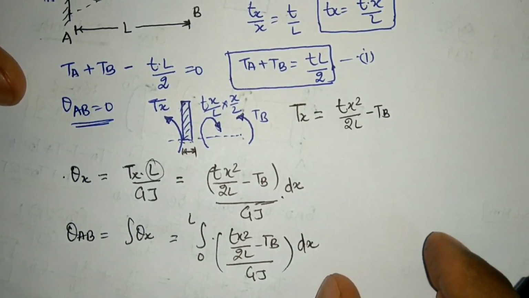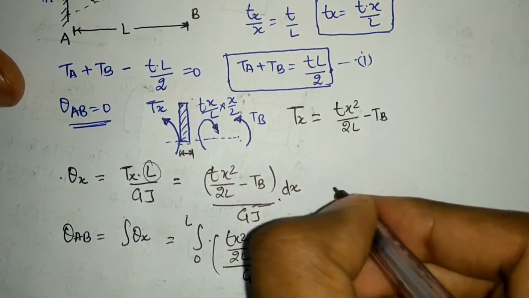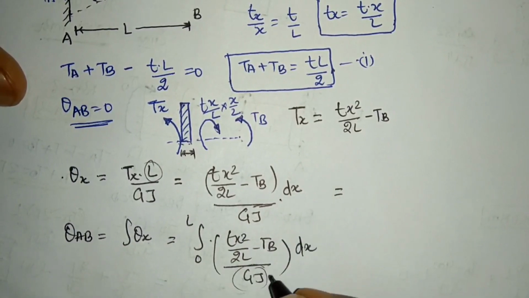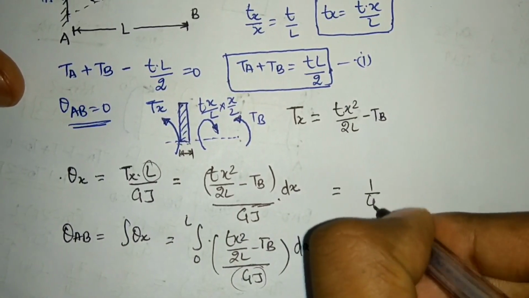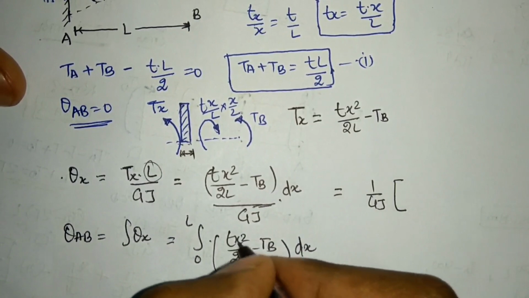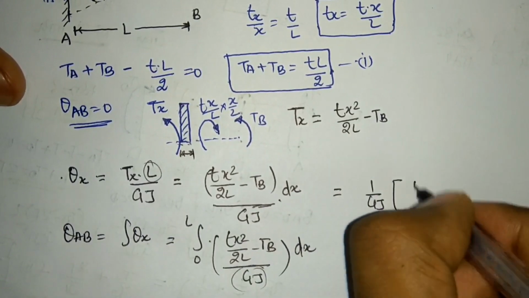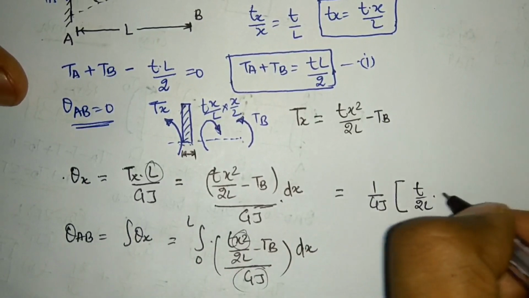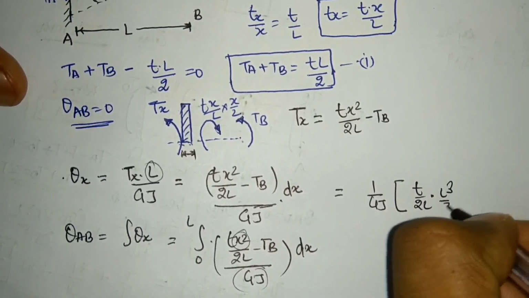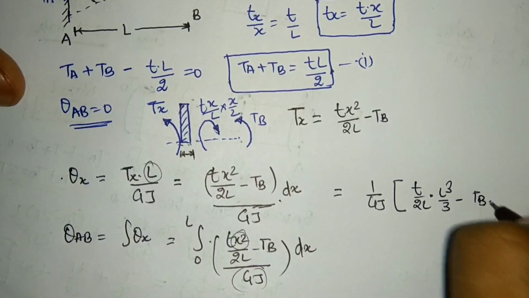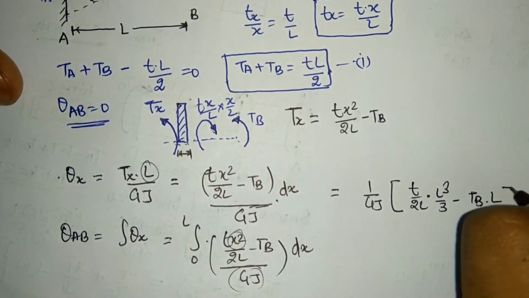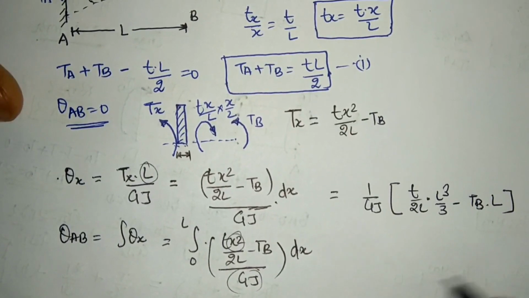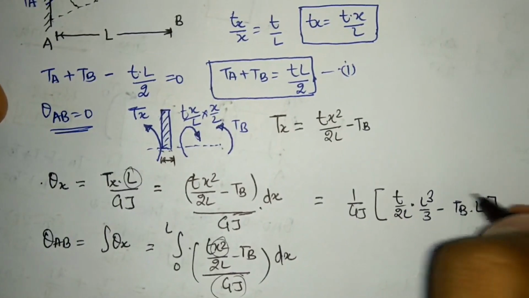Now finally I can write it as: GJ is a constant value, so 1 upon GJ into T upon 2L into x square, and the integral of x square is x cube by 3, so L cube divided by 3 minus TB into L. It will become this, right? And this is nothing but 0.